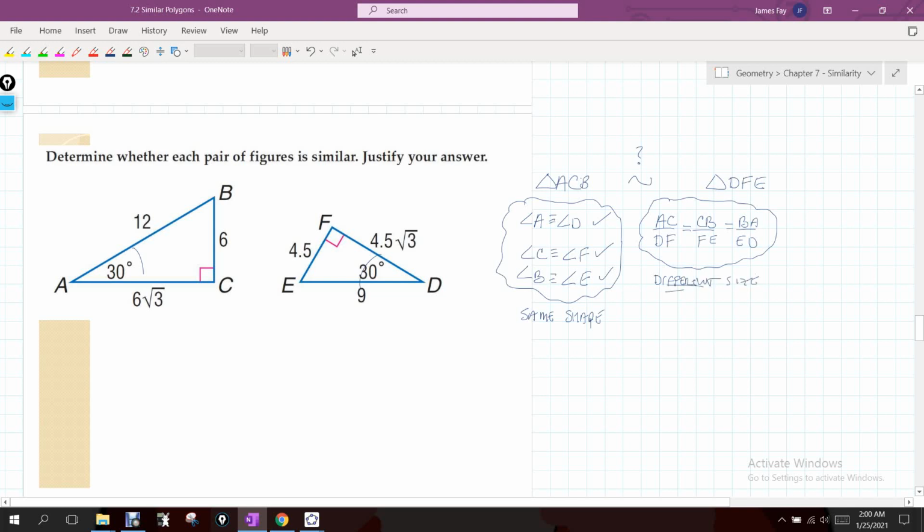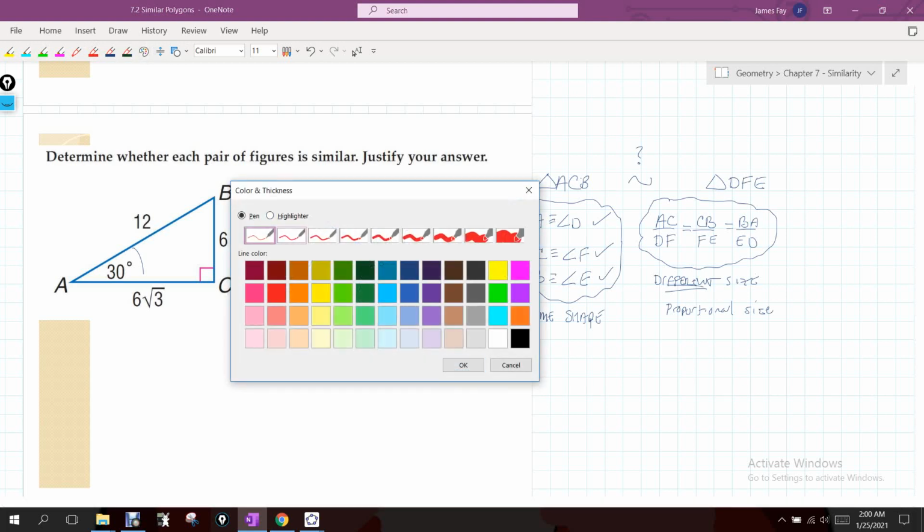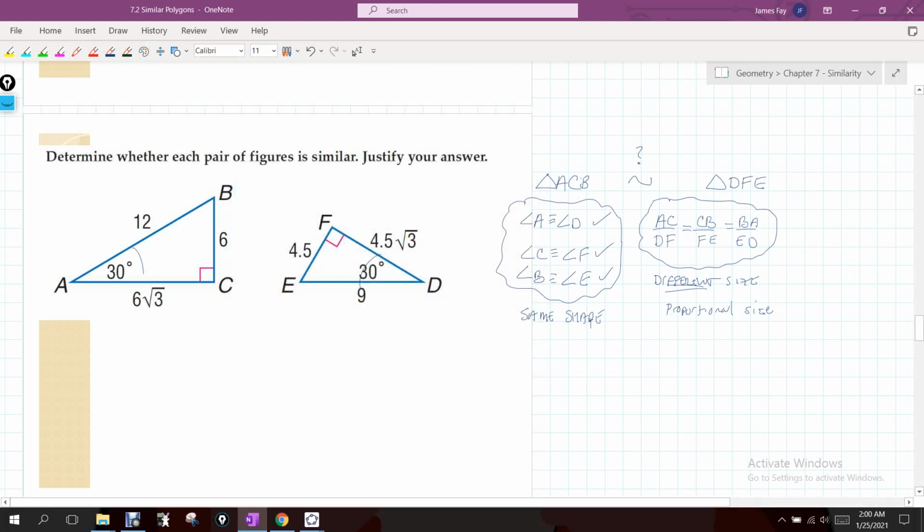But we can't just say different. It will be proportional size. And that is the conclusion that allows us to say these two shapes would be similar.